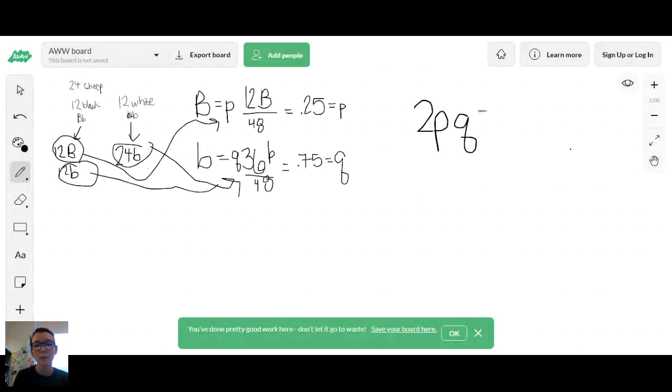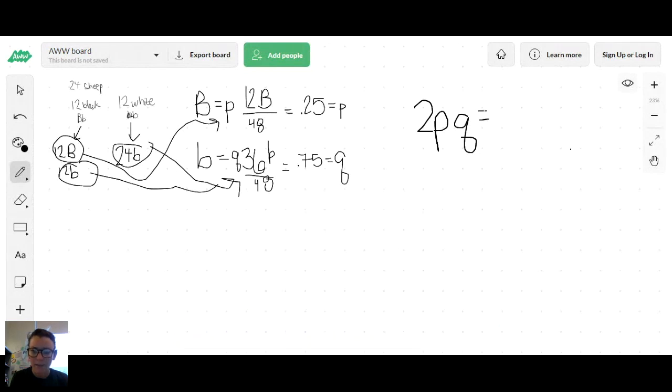So 2PQ is what we use to represent heterozygotes. You just have to remember that. If you look back on the slide before, you'll see that. And that's going to be equal to, we had 12 of them, right? 12 heterozygotes, all of our black sheep, out of 24 total sheep. So 0.5 would be equal to 2PQ as a frequency.